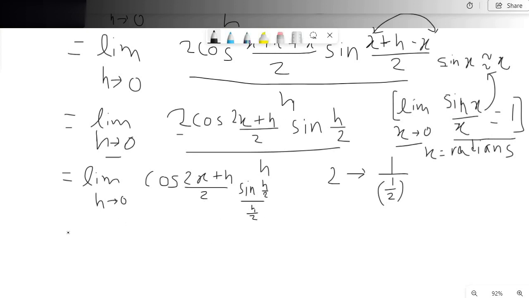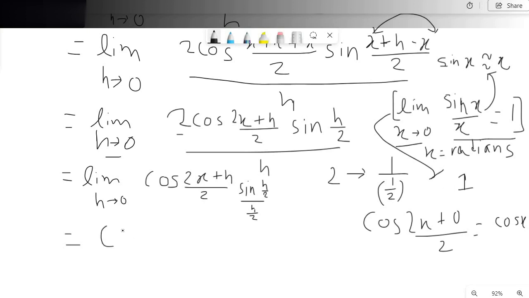So applying the limit, when h is equal to 0, cos((2x + 0)/2) becomes cos x simply. And for sin(h/2) divided by h/2, using this logic, you can say that the limit becomes 1. So finally we get cos((2x + 0)/2) multiplied with 1, and basically we get cos x.